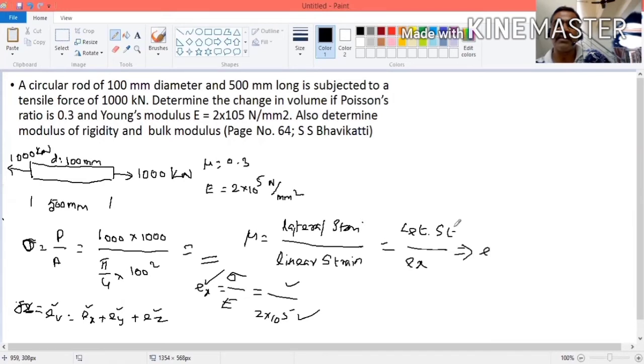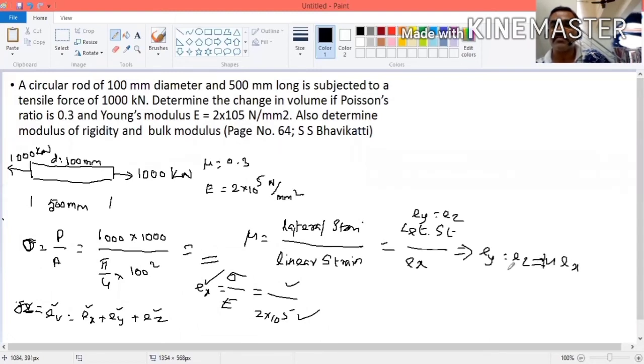What is lateral strain? Here in this problem, Ey is equal to Ez. Both are lateral strain, both are same. So Ey is equal to Ez is equal to mu into Ex.